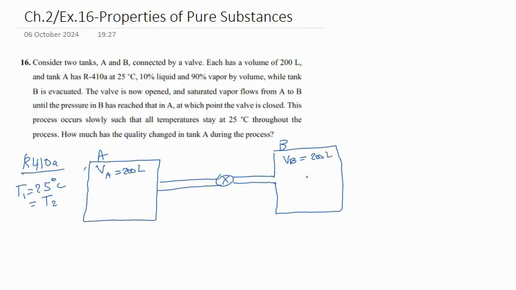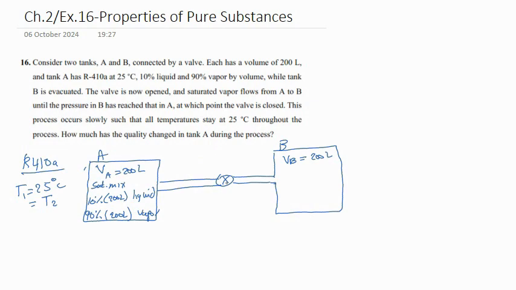Tank B is evacuated and nothing in here, and tank A contains a saturated mixture, where 10% by volume, that means 10% of the 200 liters is liquid and 90% of the volume is vapor.